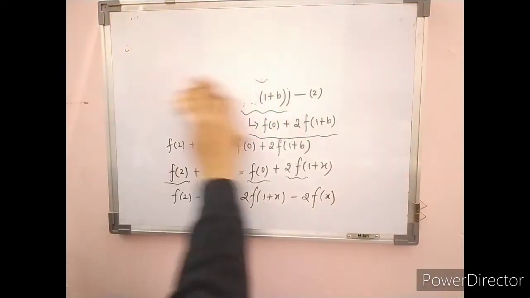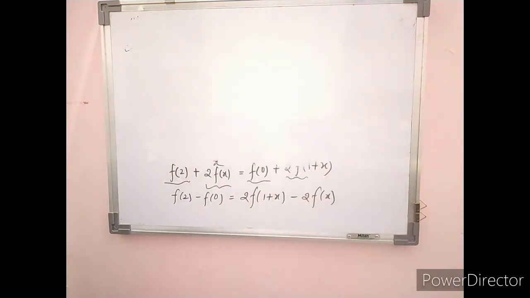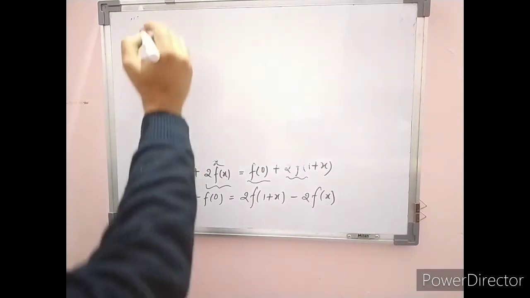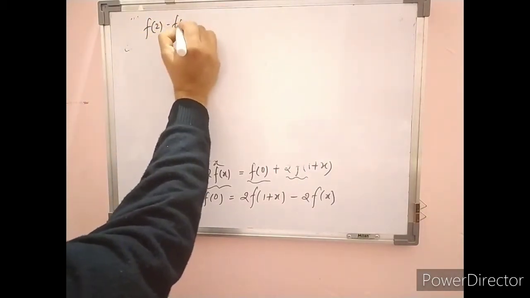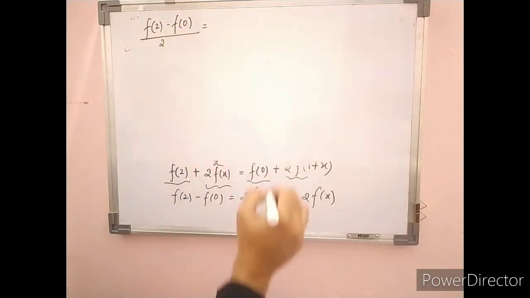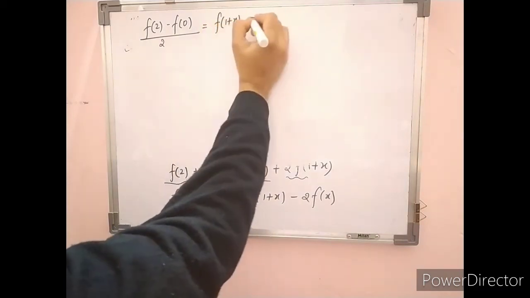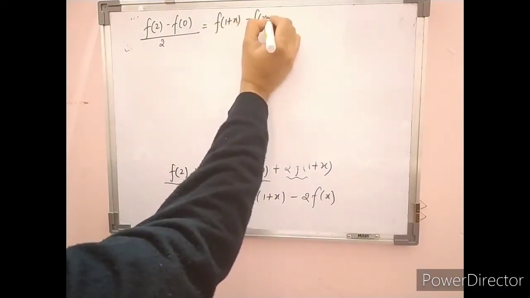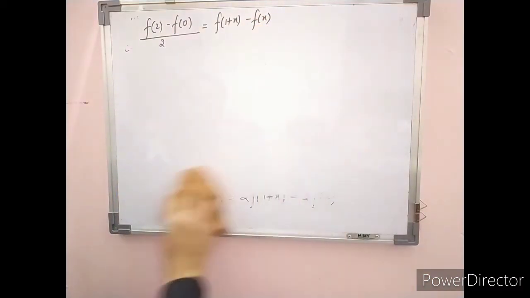Now, rearranging the earlier entries, we can write it as (f(2) - f(0))/2 = f(1 + x) - f(x). Now see, what does this statement signify?